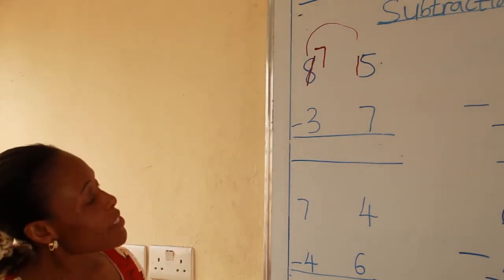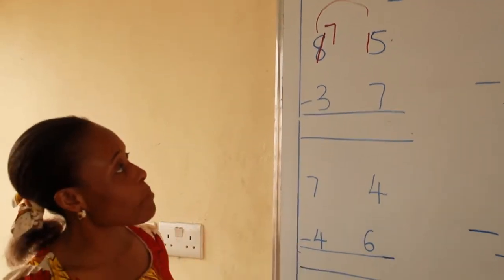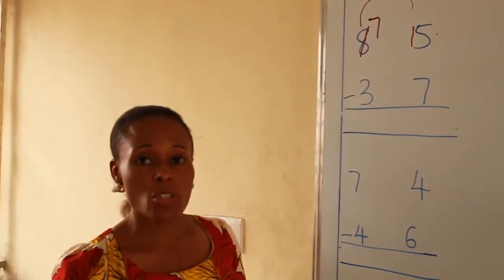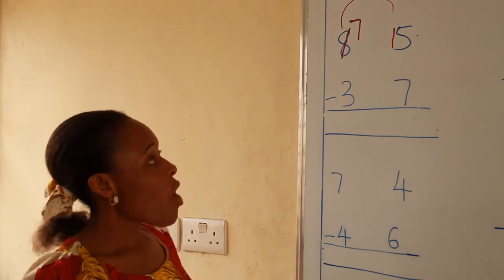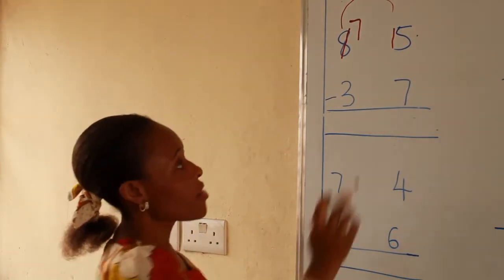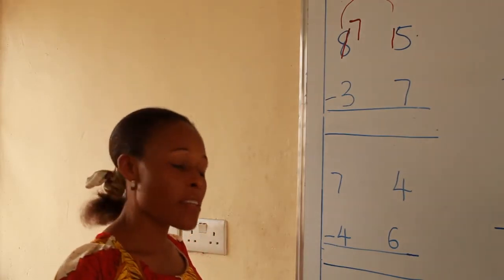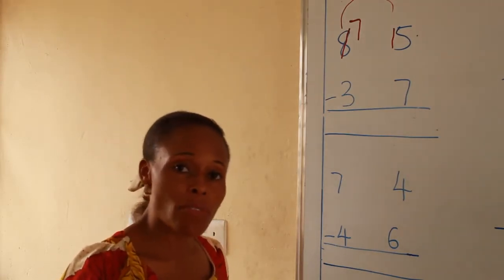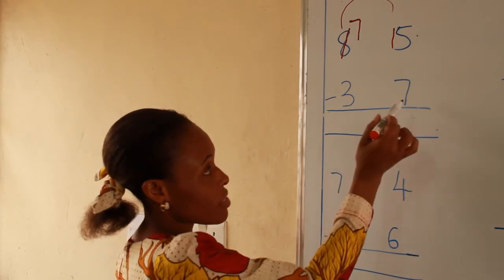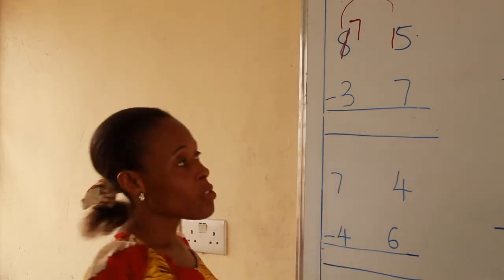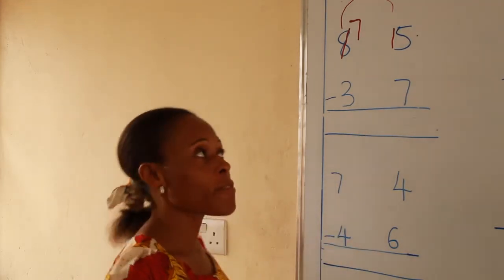Wow! So, because this has become number 15, all you need to do is count 15 counters and take away 7 counters. Don't forget, this is number 7. So you're going to count along with me.